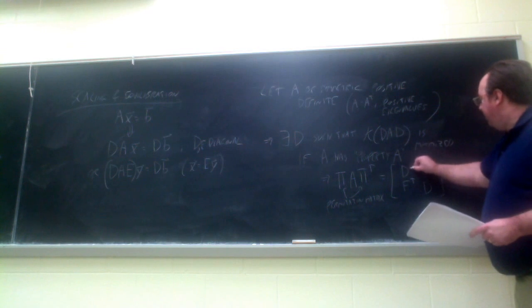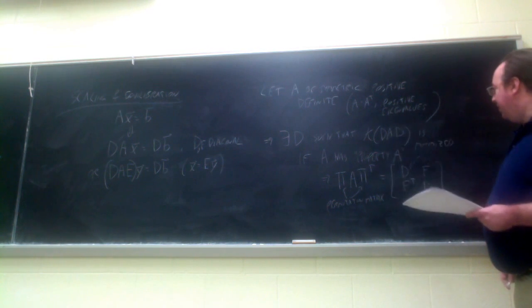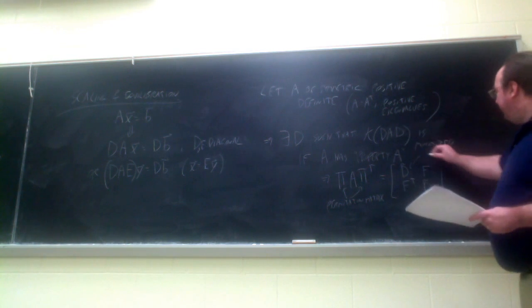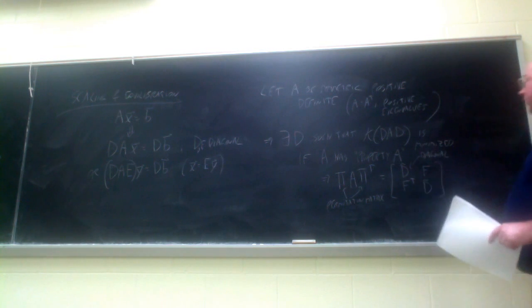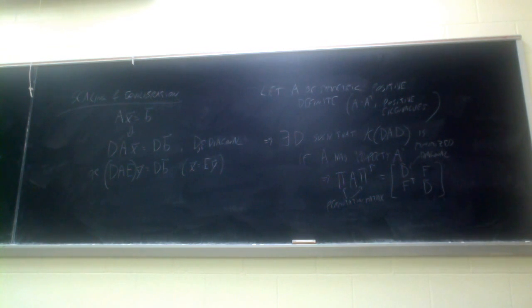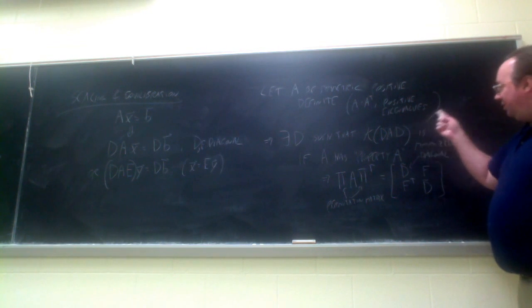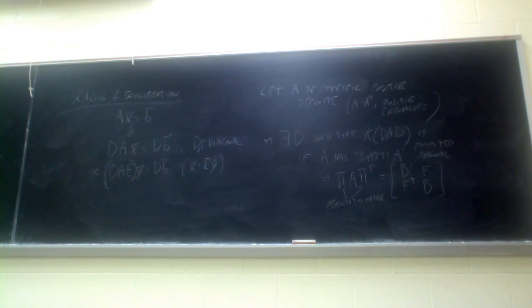So D, this is very unfortunate notation, so I'll call this D tilde. This is not the same as this D. But the point is you have a diagonal matrix. If the matrix can be rearranged to give you a pattern like this, then the matrix has property A, and then there is a diagonal transformation that minimizes the condition number.